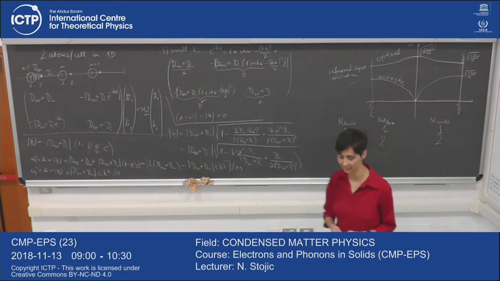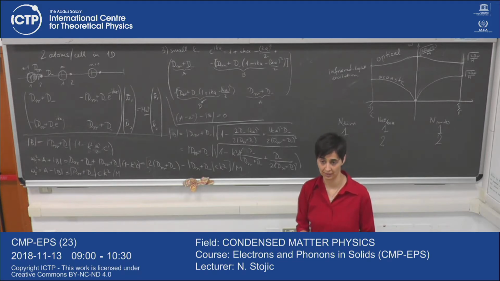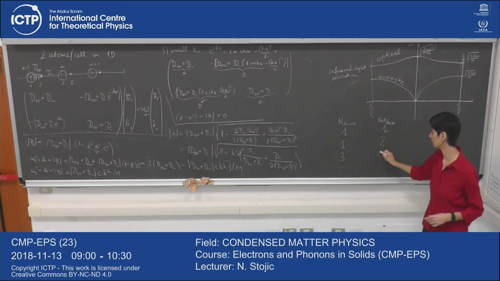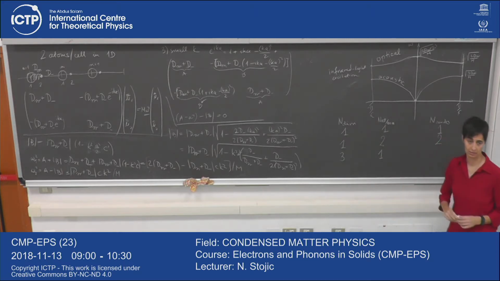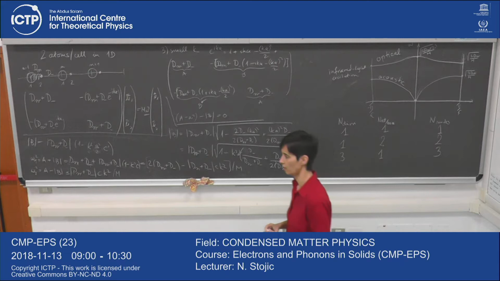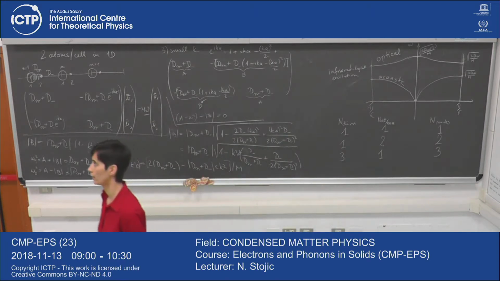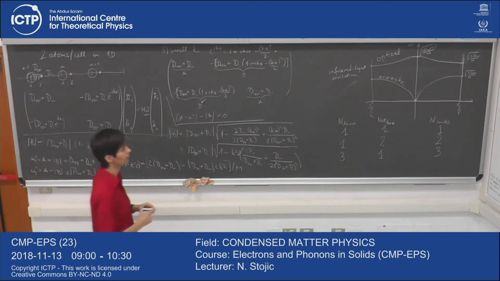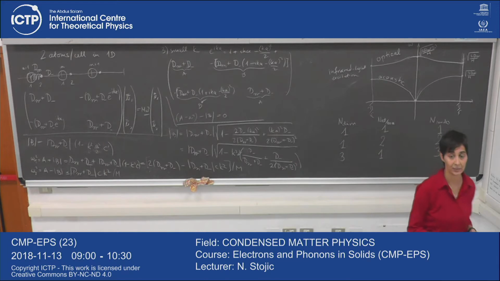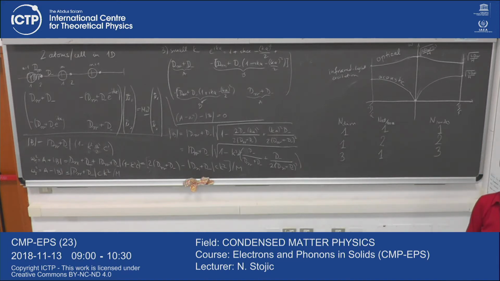If you had a cubic crystal, dimension of 3, with 1 atom in base, a simple one, you would have 3 modes. They would be all acoustic. Yeah, maybe I shouldn't say first. Because optical modes can occur only if you have more than 1 atom in the base.